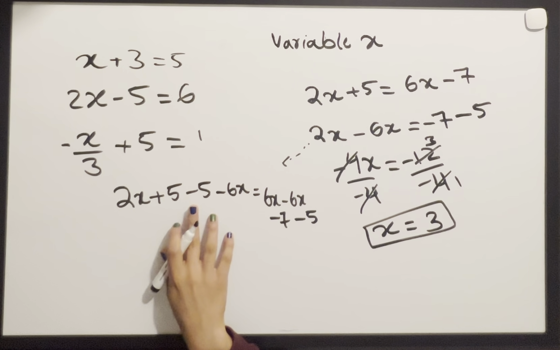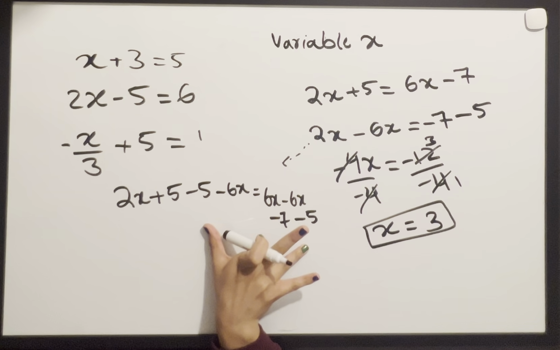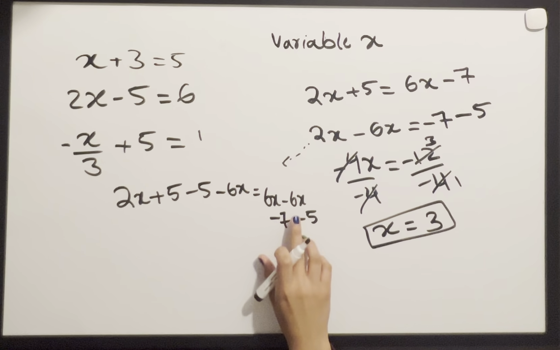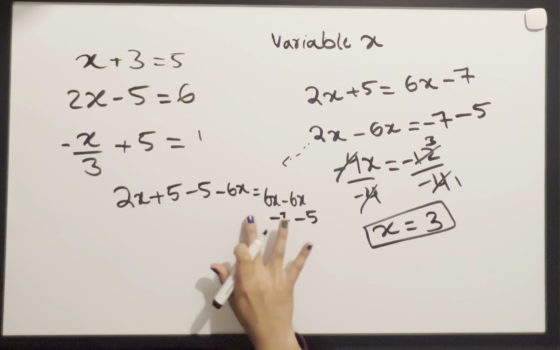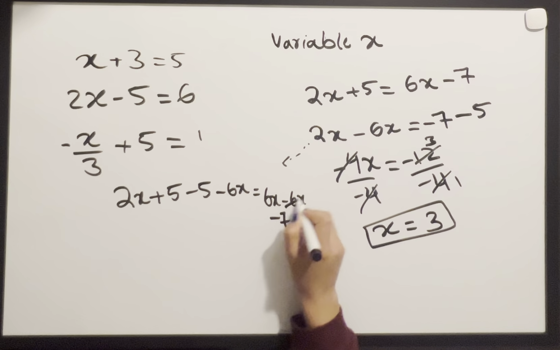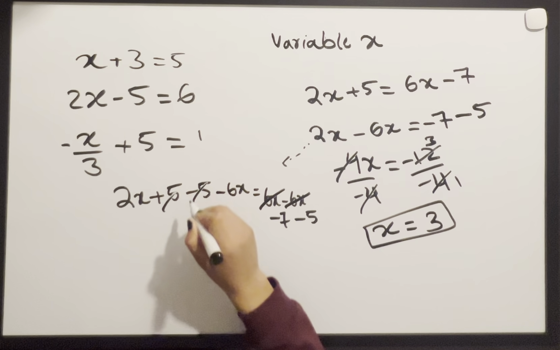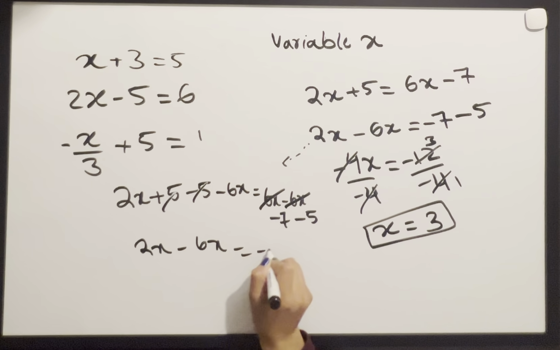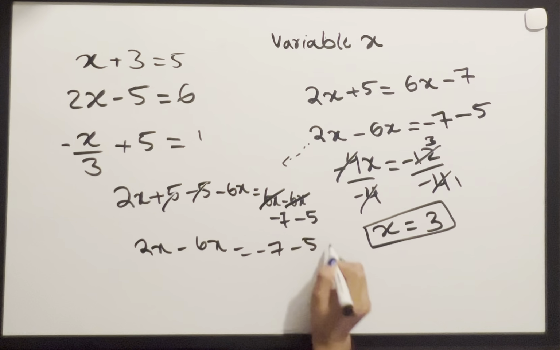Again, you can see that I am subtracting 5 from both sides of the equation to get rid of that plus 5, and I'm also subtracting 6x from both sides because I want to get rid of that 6x on this side. So these two cancel out, these two cancel out, and I'm left with 2x minus 6x equals negative 7 minus 5. Okay, thank you.